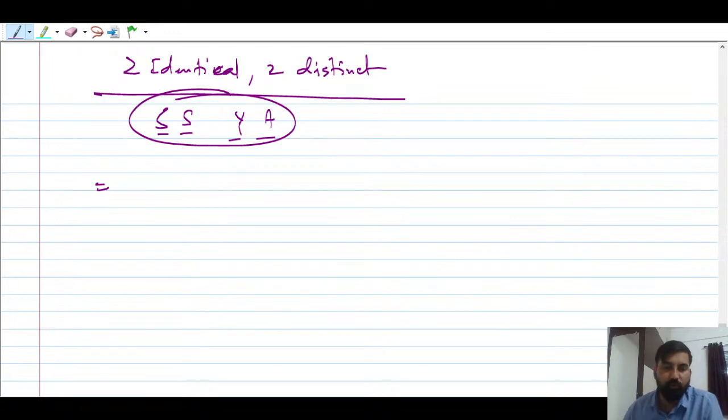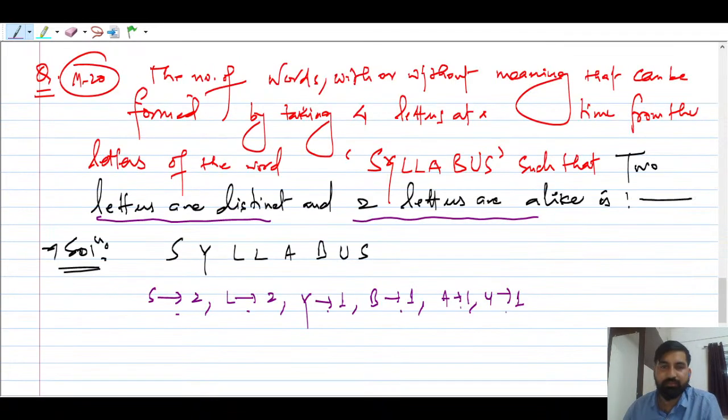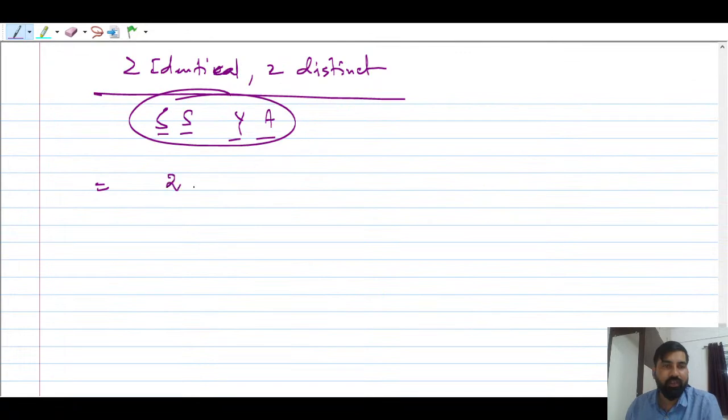How many cases will there be? Case will be one only, right? But here you can take 2L also, you can take 2S also, so there will be two. Then 2 times 5C2, and then you have to arrange them, so 4 factorial by 2 factorial.